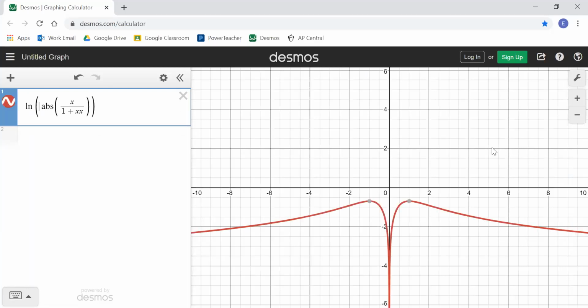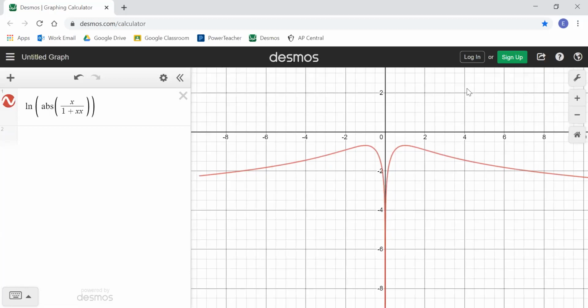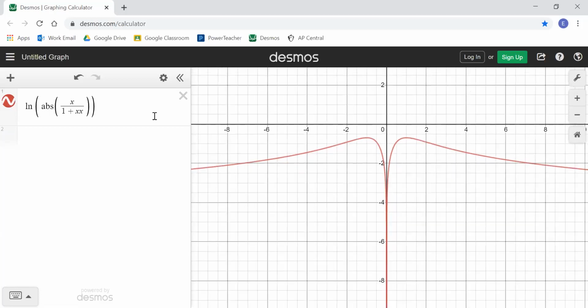And that's what it looks like. So on Desmos, we can see clearly that here, there's -1, there's our max, and that's the natural log of a half right there. And that's also the natural log of a half right there. And it's falling slowly to negative infinity as we go to the left and to the right, and as we go towards 0 from the left and from the right.